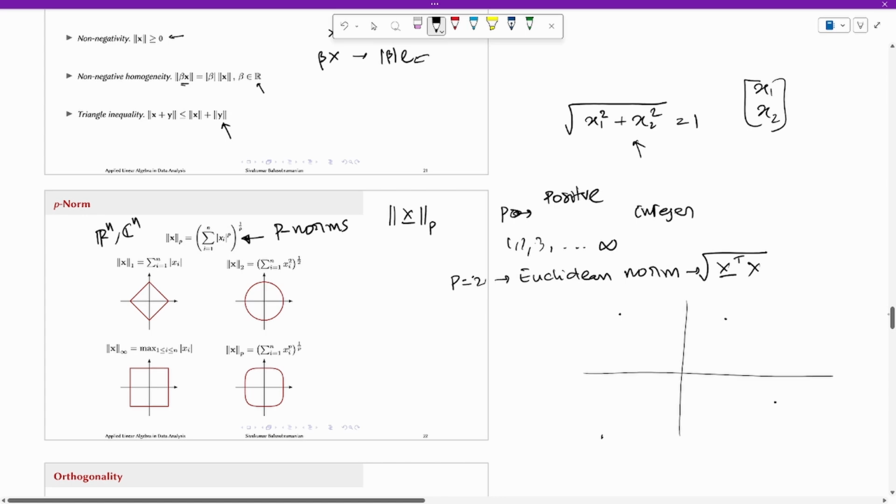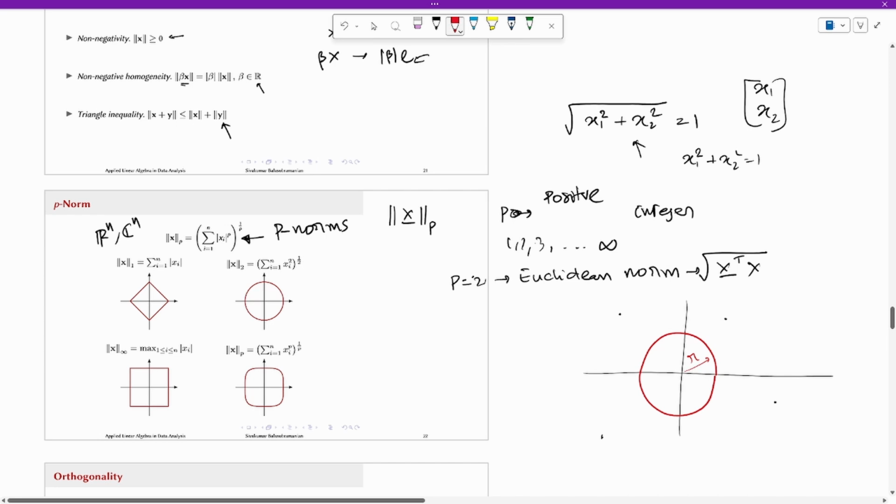If I take the square root to the other side, this is equivalent to saying x1 square plus x2 square equals 1. It is nothing but the equation of a circle. That means the set of all points with Euclidean norm 1 form a circle of radius 1. That's important. And the radius is the Euclidean norm of all these vectors.